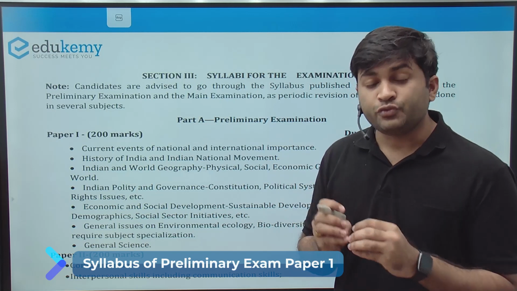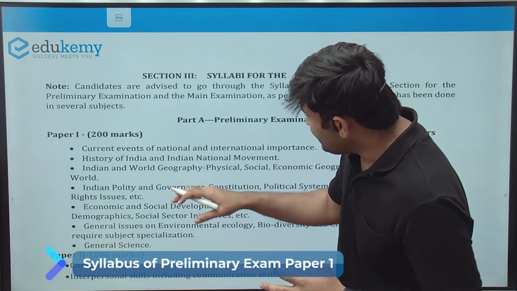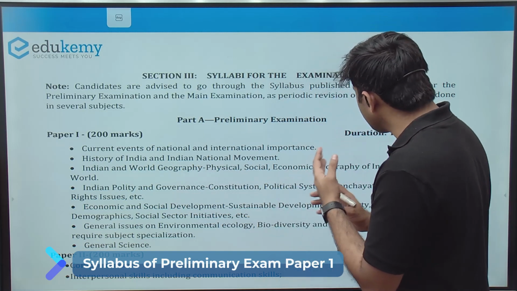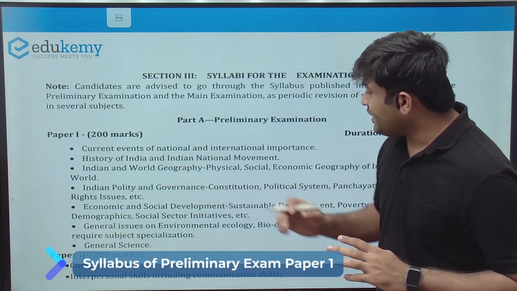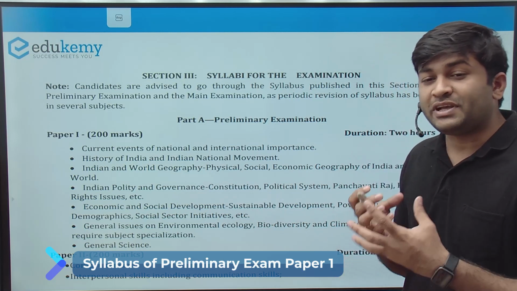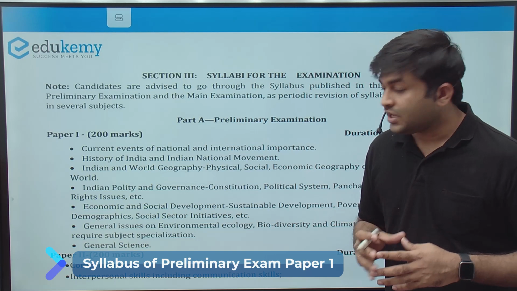You have the geography as a subject in the preliminary examination. The syllabus that is given is India and world geography, physical, social, economic, geography of India and the world. Indian polity and governance, constitution, political system, panchayat raj, public policy, rights issue, etc.